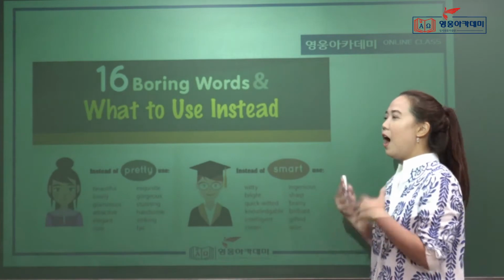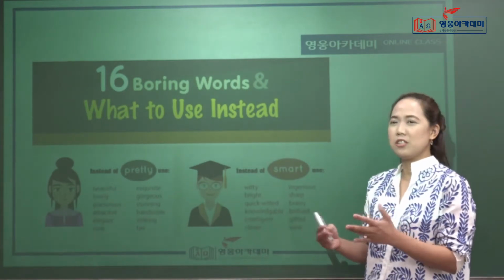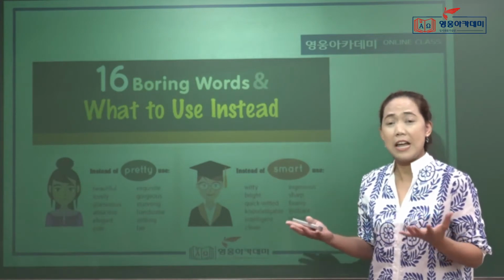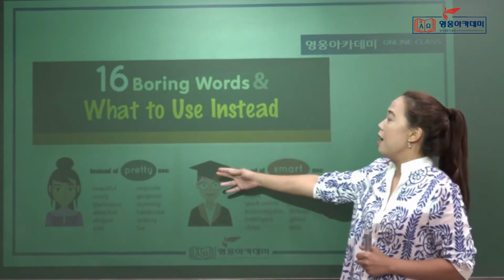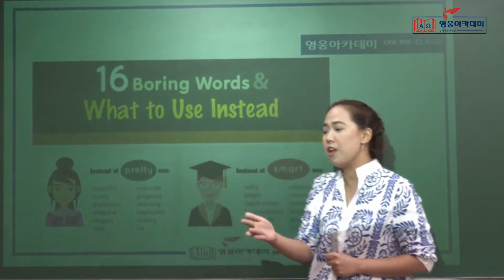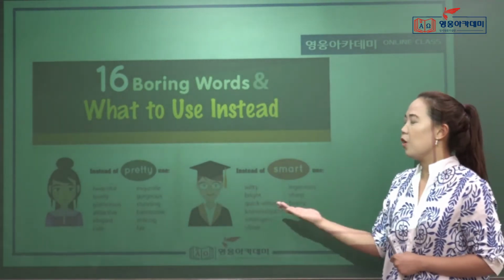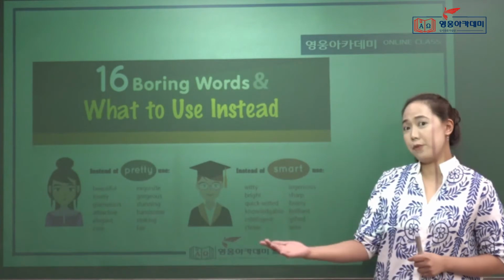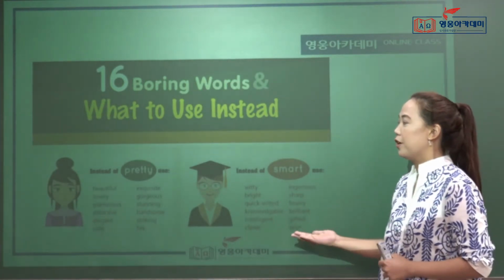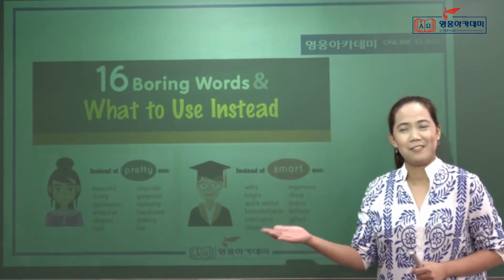Now, how can we make your essay more interesting by using a little more difficult words or a little more interesting words? Now here are the other words for pretty. Instead of using pretty, you can use, of course you know this also, beautiful, lovely. But aside from that, you can use the word glamorous.